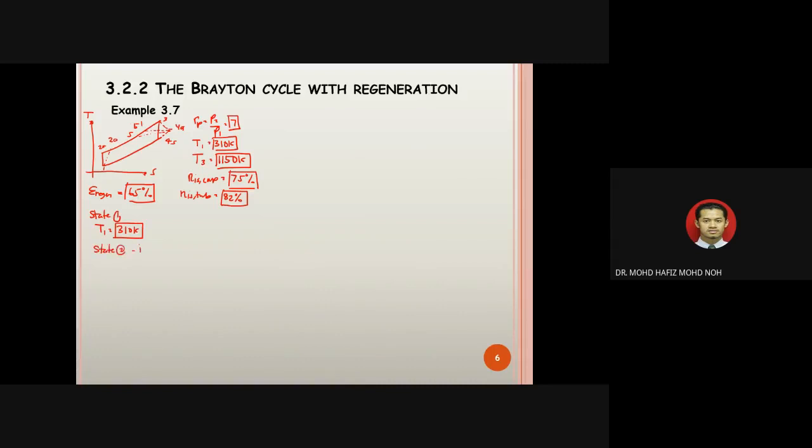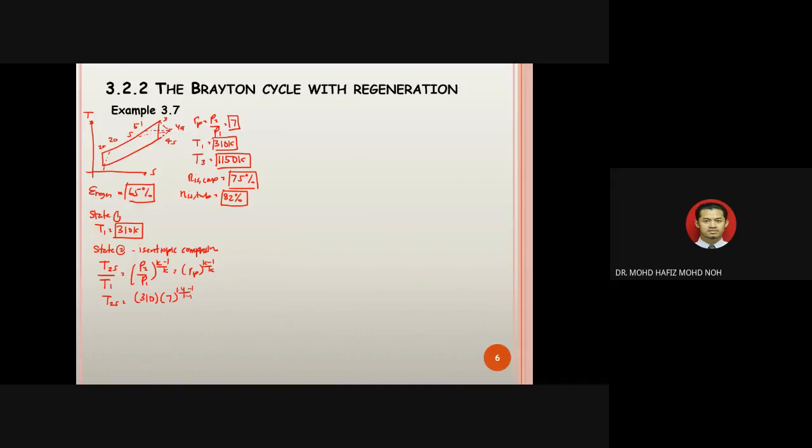State 2 is an isentropic compression. In this case, you can use the isentropic relationship T2S over T1 equal to P2 over P1 to the power of K minus 1 divided by K. So this one is RP to the power of K minus 1 divided by K. So T2S is equal to T1, 310, times 7 to the power of 1.4 minus 1 divided by 1.4.